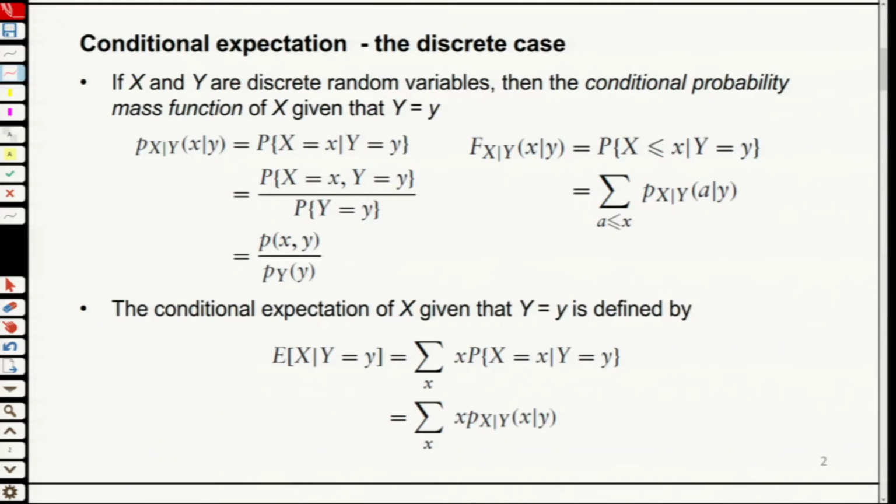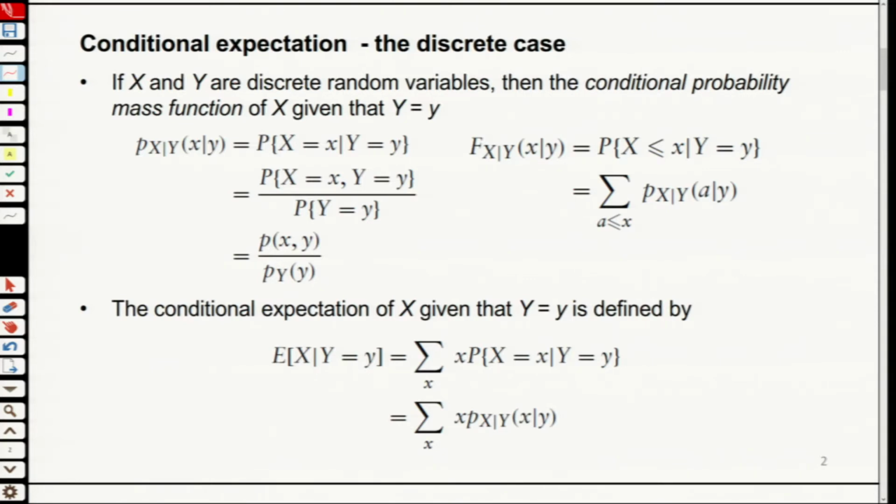Now, in order to calculate conditional expectation, we have x, and we also have the conditional probability here: the probability of x equal to x, given y equals y. You also have the value of x, times the probability that it equals x given y.